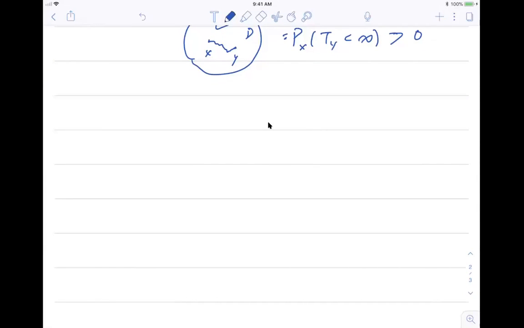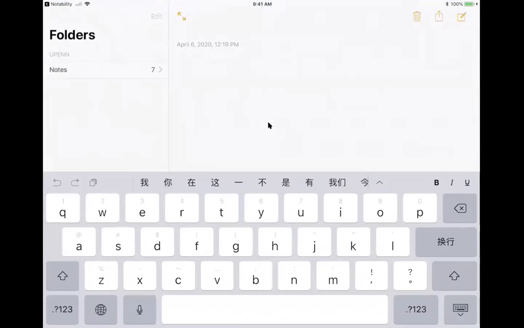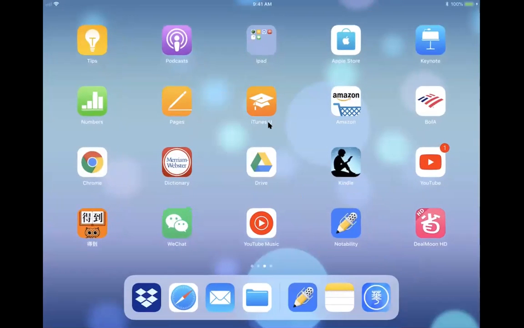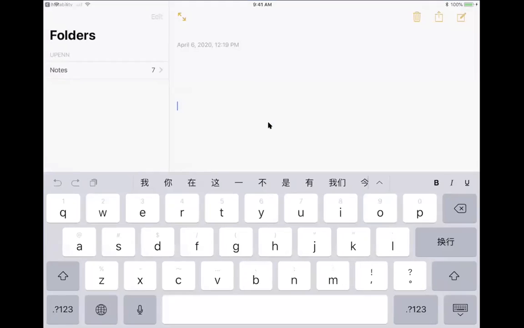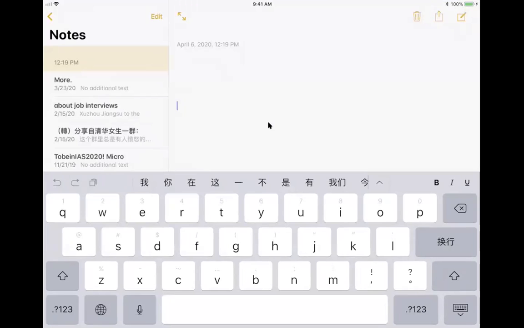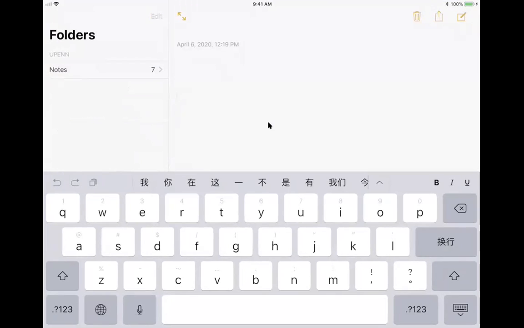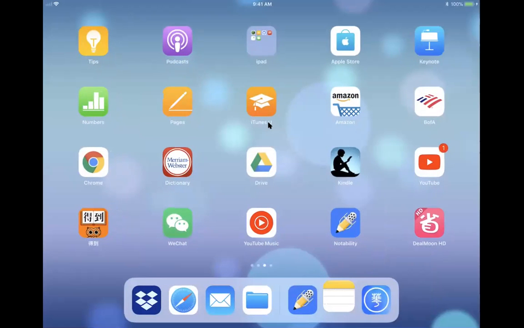So yeah, AirDrop, iPad. Okay. Drop. Not here. So AirDrop.